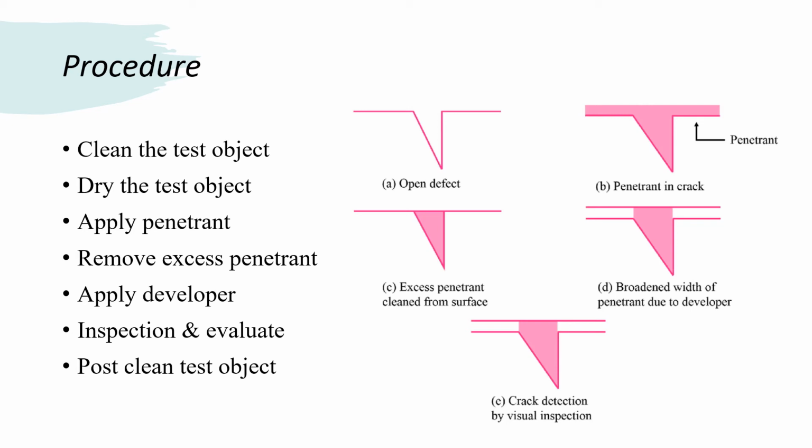After the dryness, apply the penetrant. So basically this is the second step. Here, the inspection process involves the application of penetrant fluid to the clean surface. The fluid should spread freely and evenly over the surface and move into the cracks.